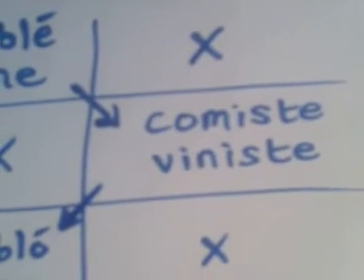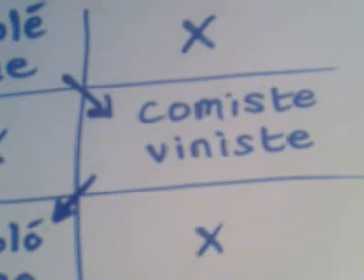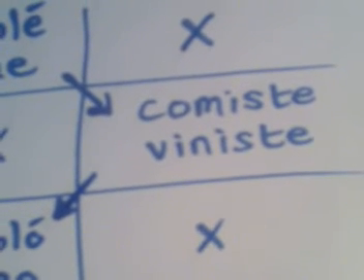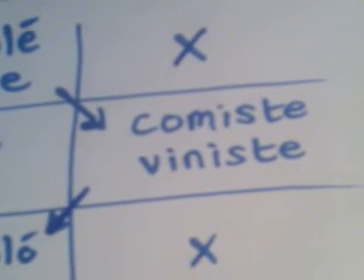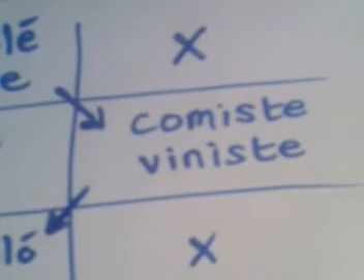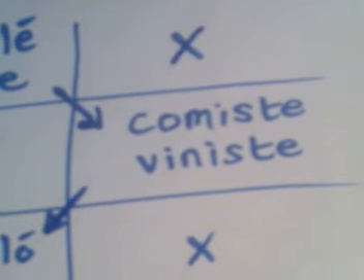as regards the top word in each box, if there are at least two words in each box, you can see there comiste, which is the second person preterite tense verb ending of the regular ER verb comer. So there we have comiste, you, informal one person, ate.